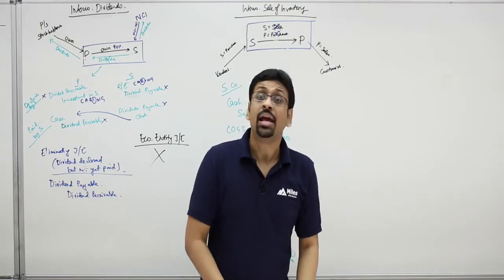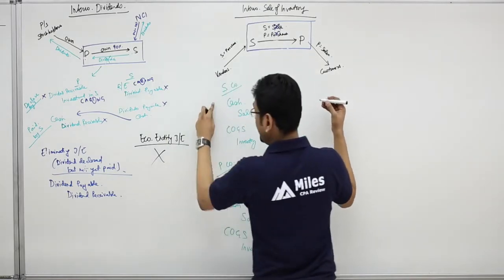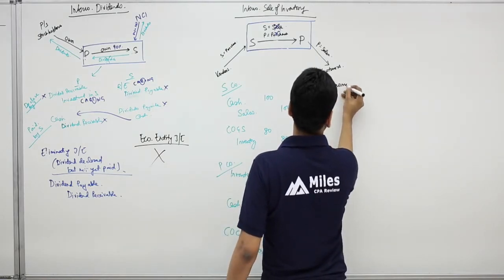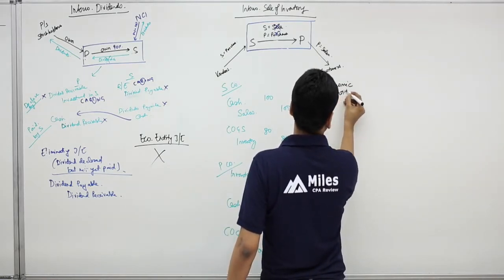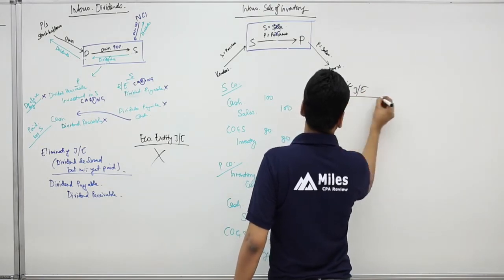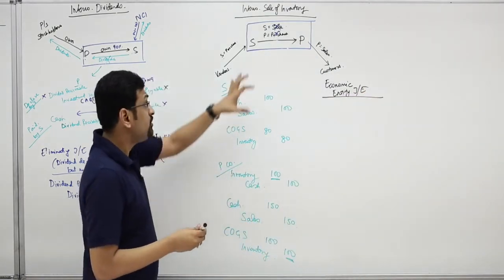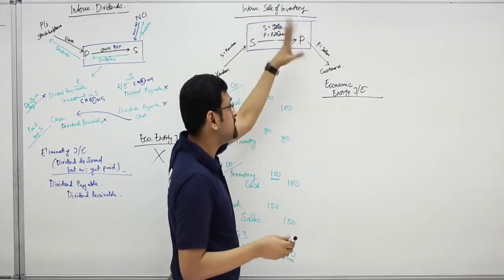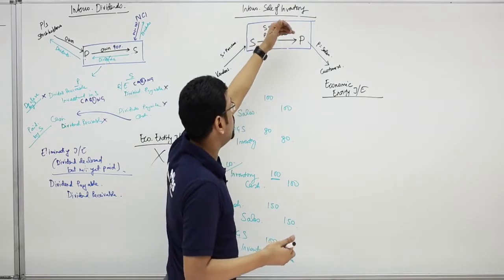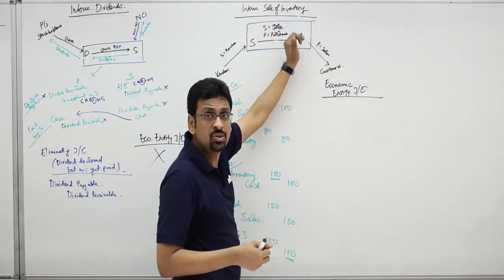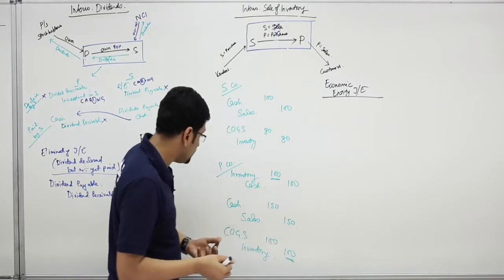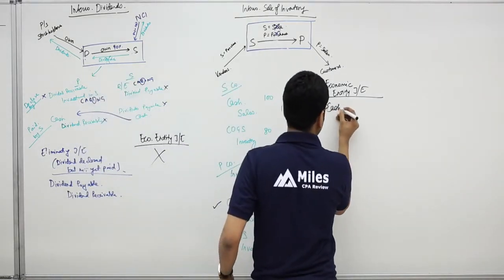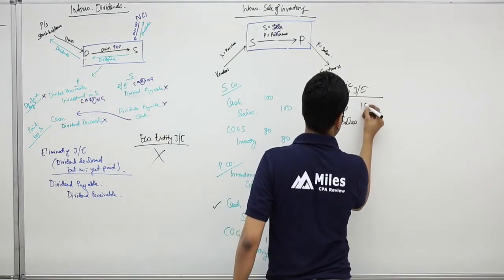Now if they were one economic entity, let's look at the economic entity journal entry. If we treat the sub and the parent as one entity, they could only sell goods to outsiders, not within themselves. So the sale which the parent made to the customers, that is something we're going to account for. So that was this transaction. So we're going to have cash to sales 150.